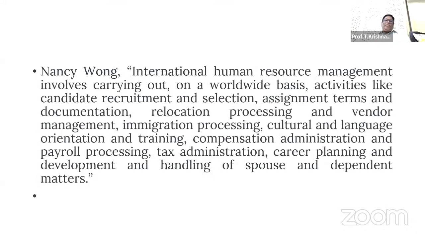Nancy Wong says, international human resource management involves carrying out on a worldwide basis activities like candidates recruitment selection, assignment terms and documentation, relocation processing and vendor management, immigration processing, cultural language orientation and training, compensation and administration, payroll processing, tax administration, career planning and development, and handling of spouse and dependent matters.